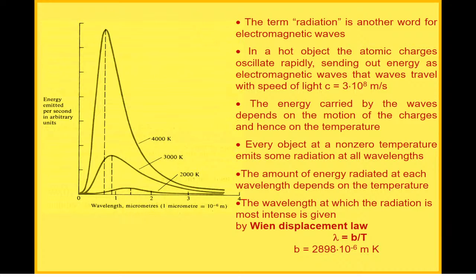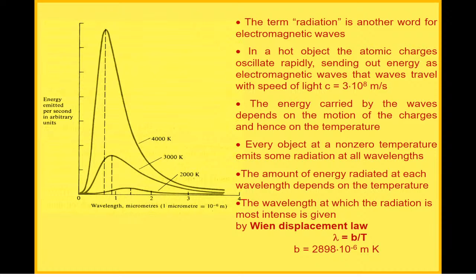The energy carried by the waves depends on the motion of the charges and hence on the temperature. Every object at a non-zero temperature emits some radiation at all wavelengths. The amount of energy radiated at each wavelength depends on the temperature.